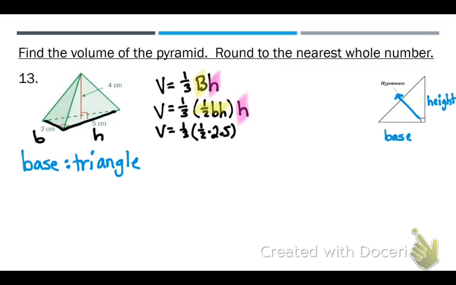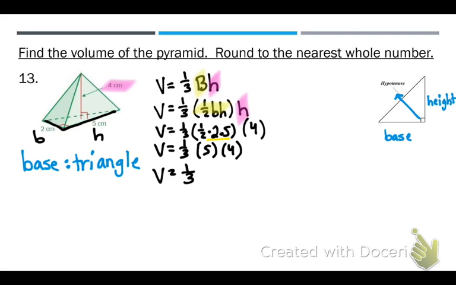And then the thing that we're going to be focusing on for this other height is this one right here, and that is talking about the slant height that's going up to a peak at the top. So we're going to multiply that times 4. Let's work on what we've got inside of our parentheses here first. So 2 times 5 is 10, and then half of 10 is going to be 5.